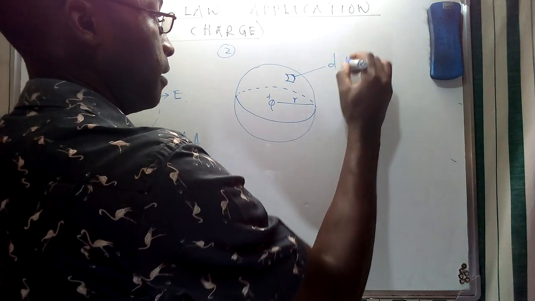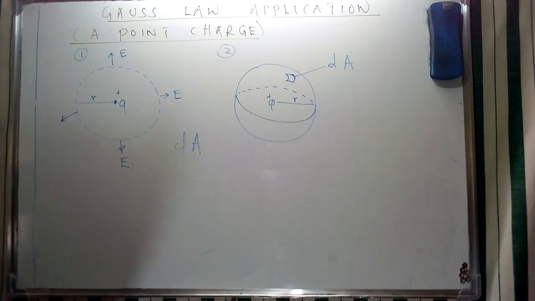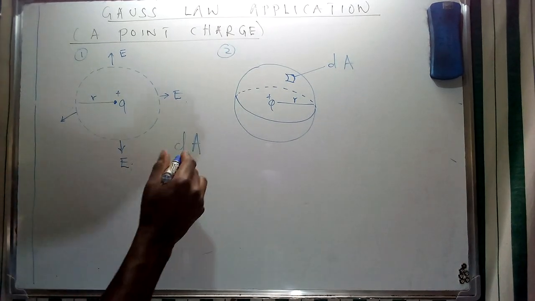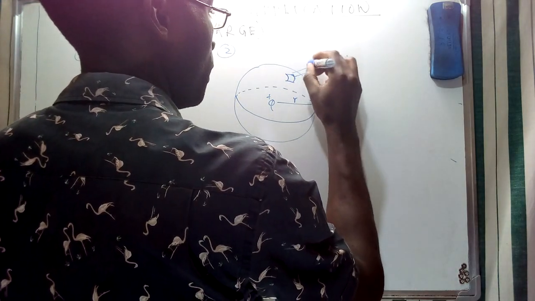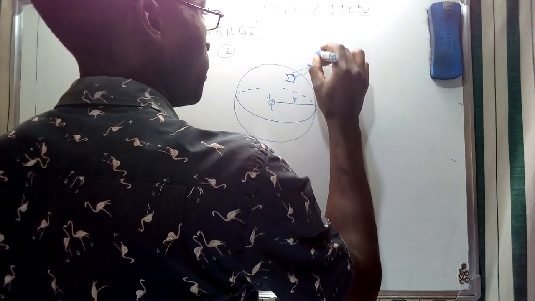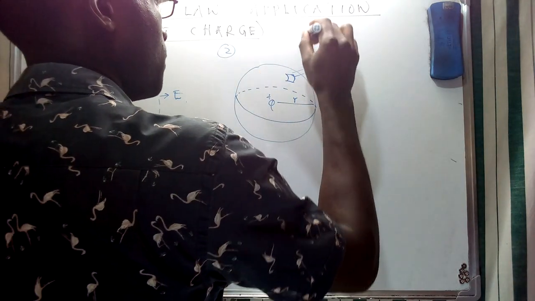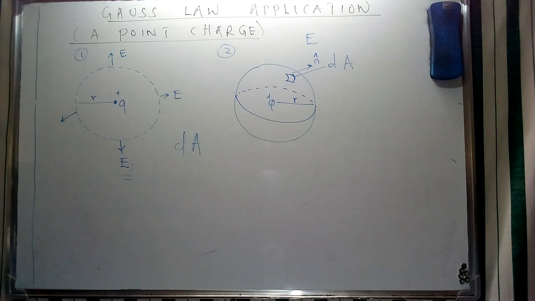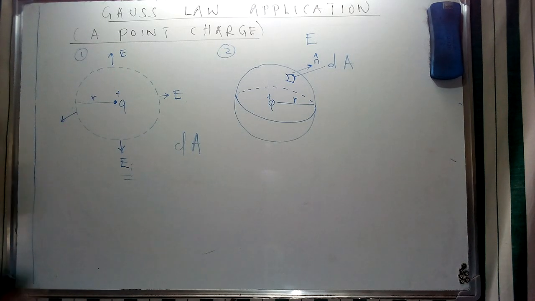The electric field E at this point is going to be normal to the surface, which from our last illustration I gave as n. Therefore, the electric field at these various points on the surface of the sphere is going to be parallel to the area vector.